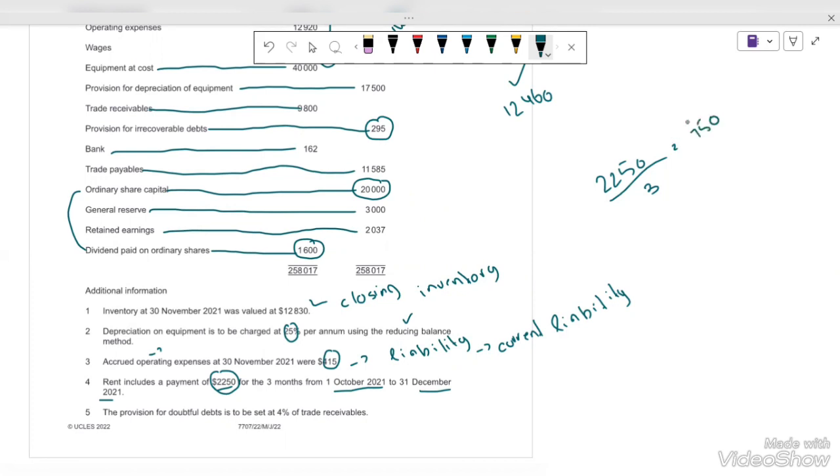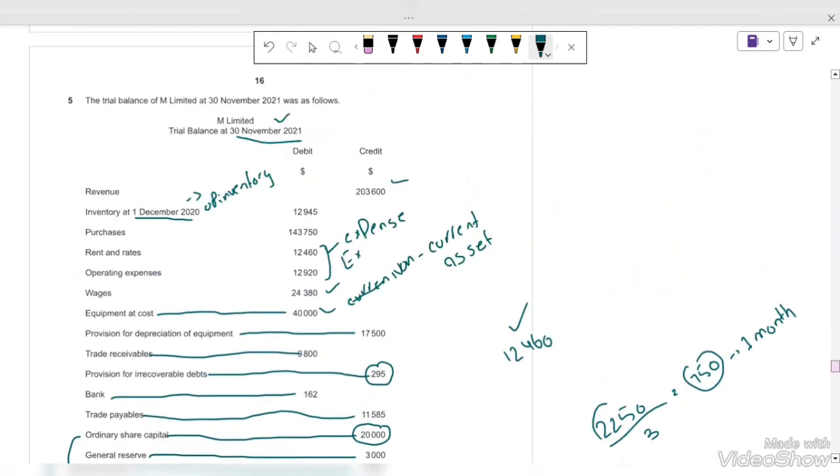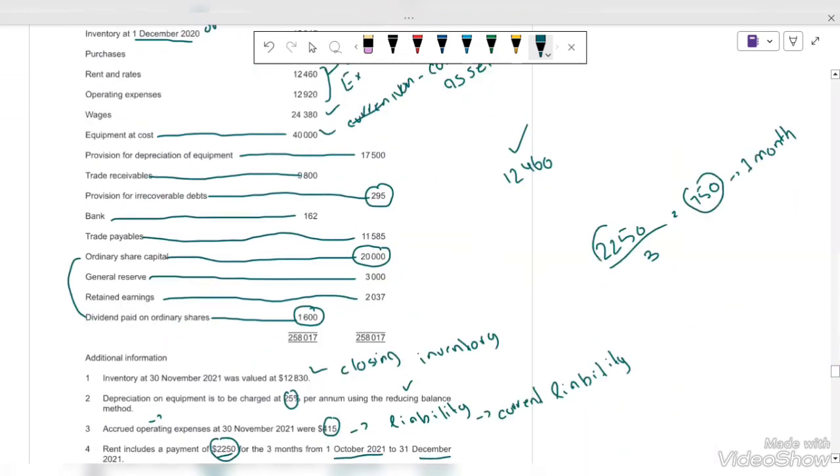So it means that for 1 month, the payment of rent and rates is 750. We paid this amount, 2250, as an advance amount for 3 months. And our year ended 30 November 2021.